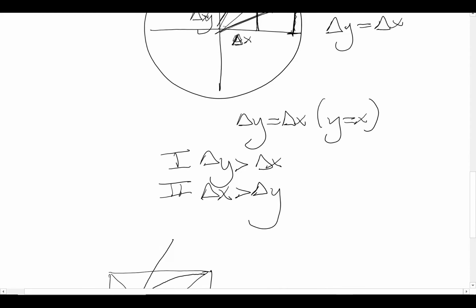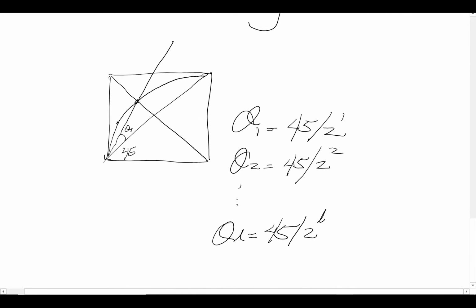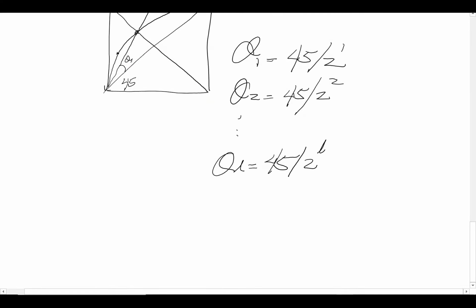So now we know originally this base is root 2. So for the first triangle, this is 45 over 2. This is going to be root 2 over 2 because it's cut in half.